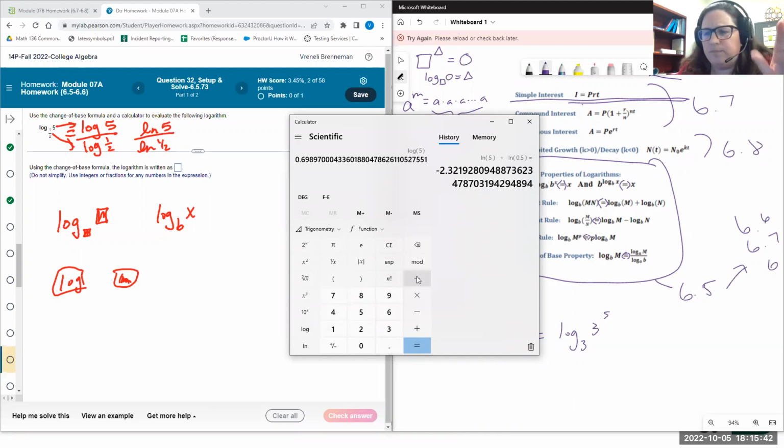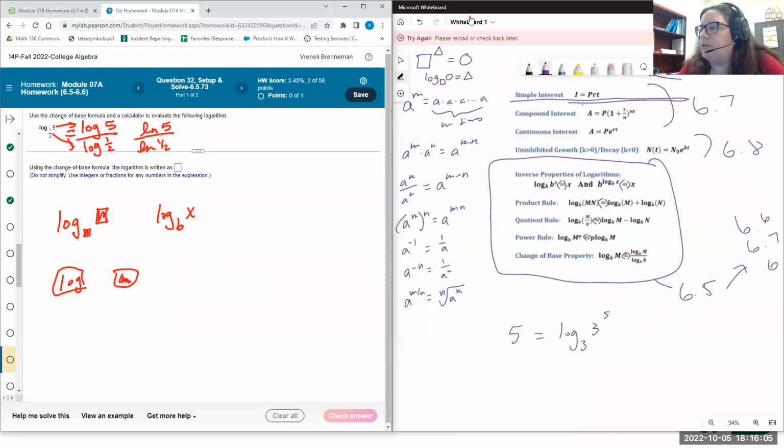In most of your handheld calculators, you would hit the log button first and then put in the number, but the computer calculator works slightly more like a non-scientific calculator. So doing it with the log, I get the exact same result, but if I mix the log and the ln, it's not going to work. It's got to be the same base on the top and the bottom.